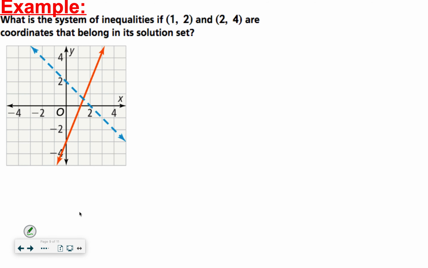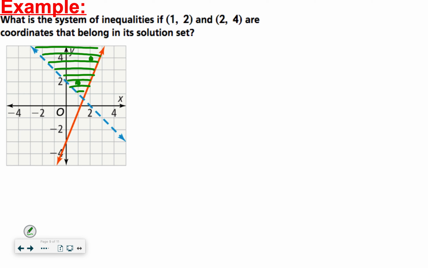In this question, what is the system of linear inequalities if (1, 2) and (2, 4) are the coordinates that belong in its solution set? All right, as you see here, (1, 2) is here, (2, 4) is here. These are two solutions of the system of linear inequalities. That's why that part is the solution of the system of linear inequalities.